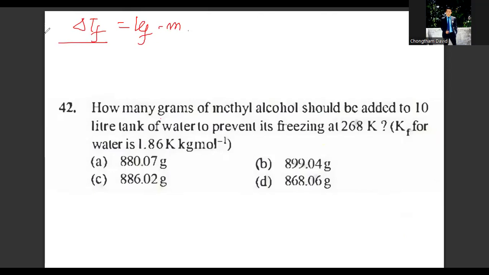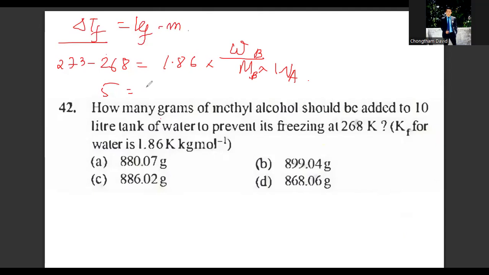Now this lowering in the freezing point you can subtract from the freezing point of water, which is 273 K or 0 degrees Celsius. 268 equals 273 minus 1.86. What is the molality? By definition, weight per mole of the solute, WB by MB, per weight of the solvent in kg.